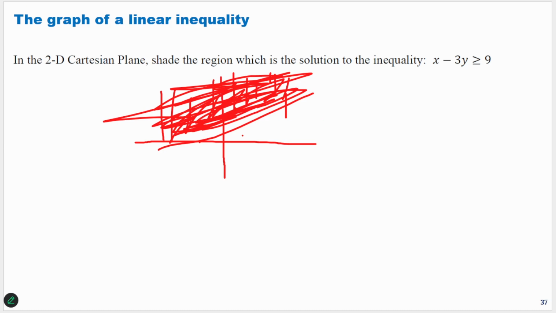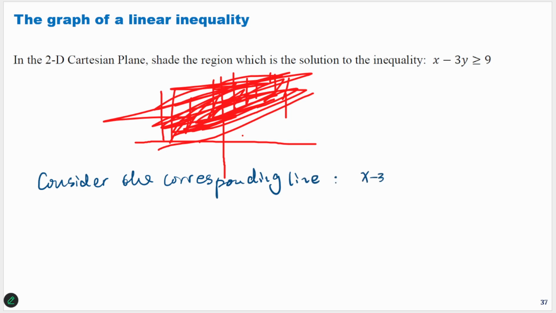So usually when you consider an inequality that corresponds to a region, you have to consider the boundary first, which corresponds to the equation of a line, right? So first, let's consider the corresponding line first, which is x minus 3y equals, oh, sorry.